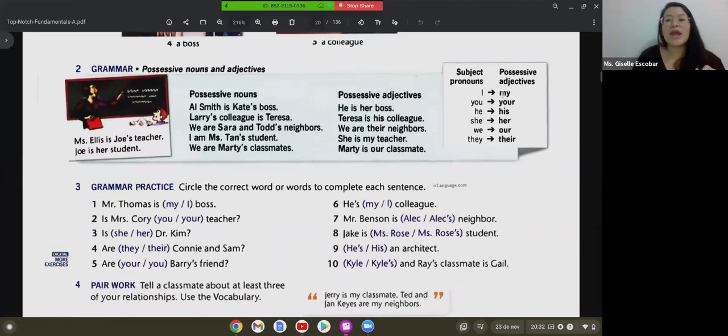Let's create more sentences. Formemos más oraciones. Demos más ejemplos. Hay que formar un ejemplo con el subject pronoun I y el possessive adjective, my. ¿Alguien quiere decir una oración?